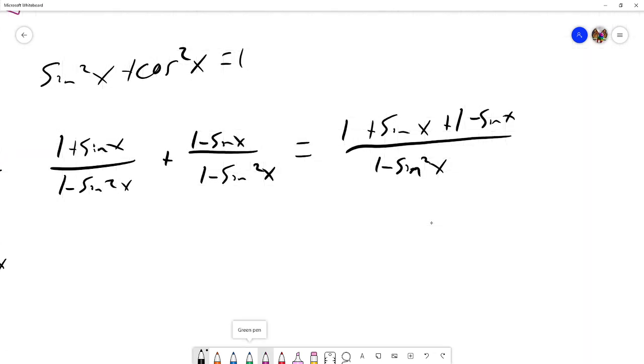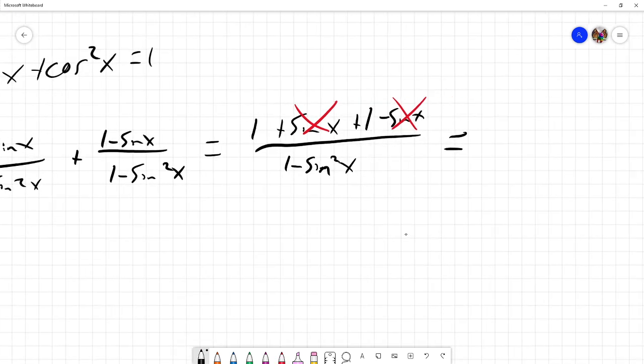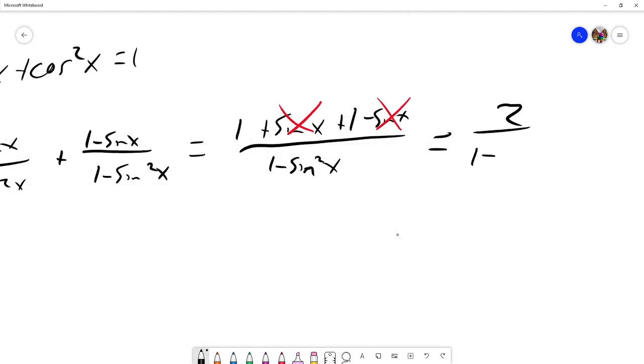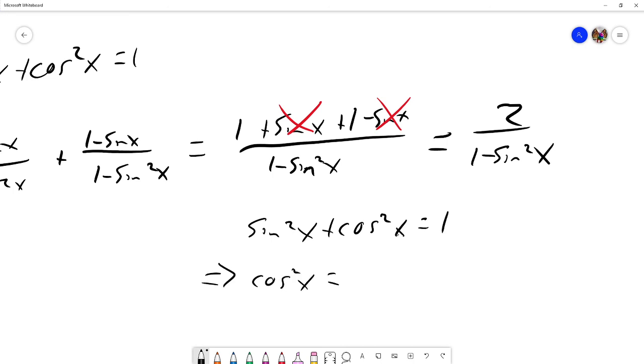Alright, so we can note that the positive sine x and negative sine x kill each other off, leaving you with 2 over 1 minus sine squared x. You might be tempted to think this is sufficient, but it is not. Recall that sine squared x plus cosine squared x is equal to 1, so cosine squared x is equal to 1 minus sine squared x.